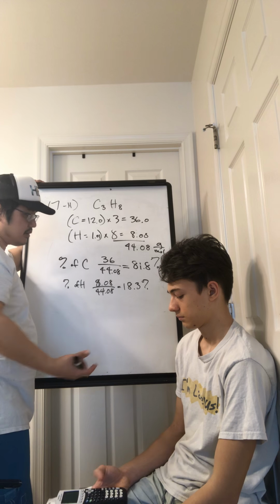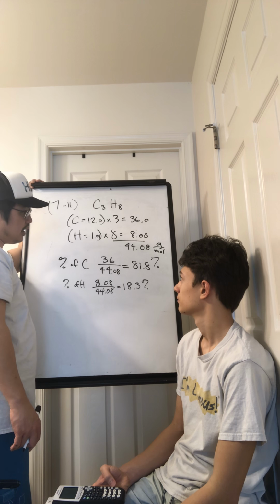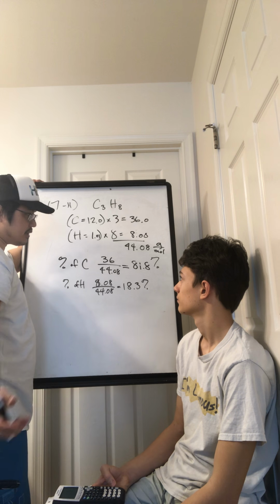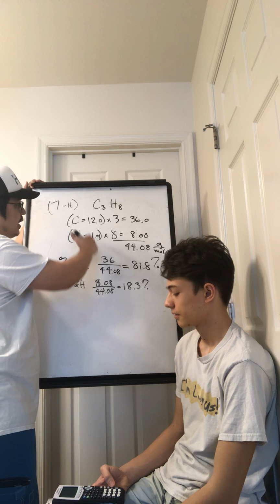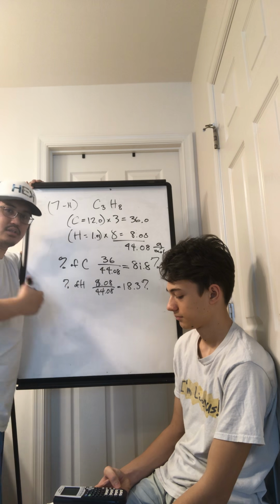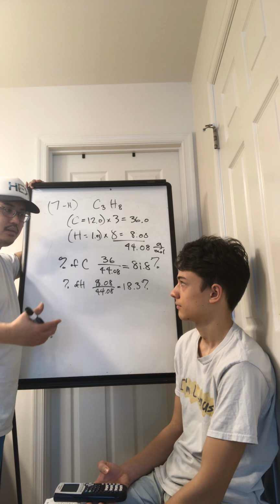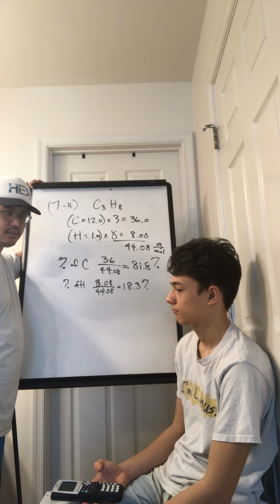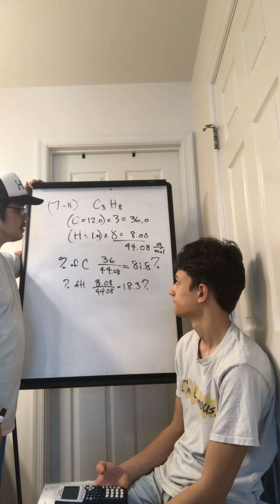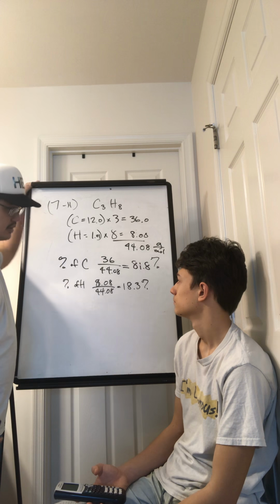And you're wrong. Hydrogen's only 18% of it, and carbon's 81% of it. Even though carbon has 3 atoms and hydrogen has 8, carbon is so much heavier per mole than hydrogen is. Does that make sense? Yeah. So that's why it takes up a greater percentage.